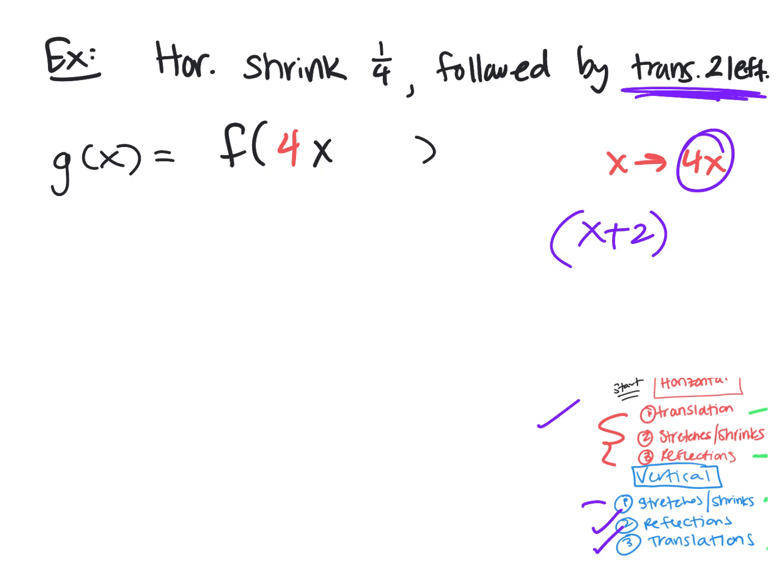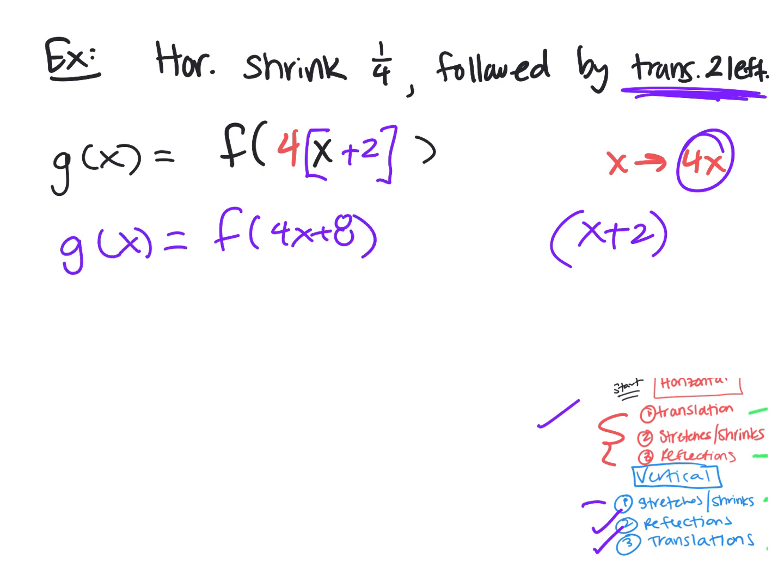So what that means is, since it was out of order horizontally, I need to add this extra set of parentheses, which I could distribute to get 4x plus 8 if I wanted to write it in a more simplified way. But because the 4 happens first and then we translate, this needs to be written in such a way that each piece is affected.